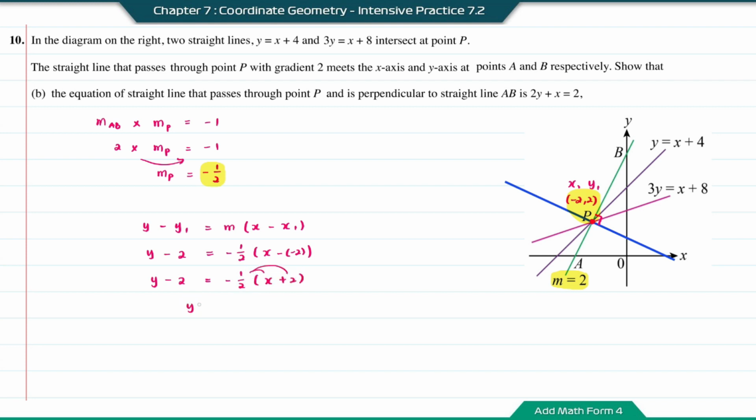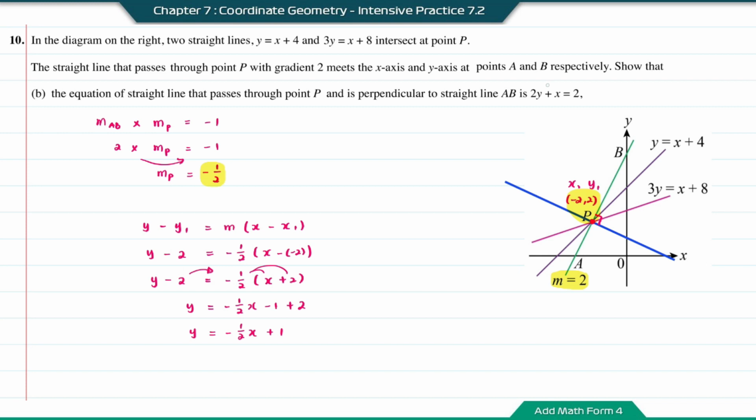So expand this, y is equal to negative 1 over 2 x. So when negative 1 over 2 times positive 2, we are going to get negative 1. Then move the negative 2 to the right hand side, it will be plus 2. So y is equal to negative 1 over 2 x plus 1. So this will be the equation in gradient form.